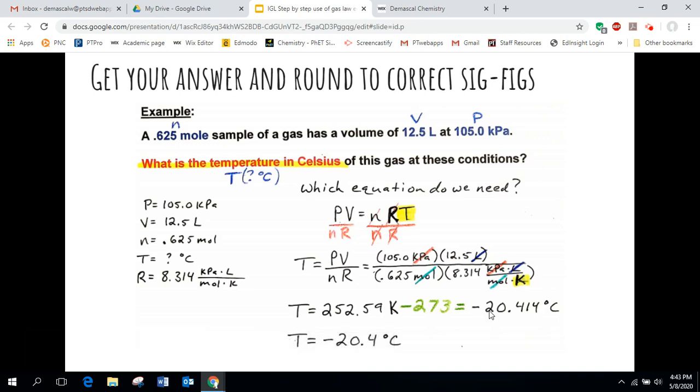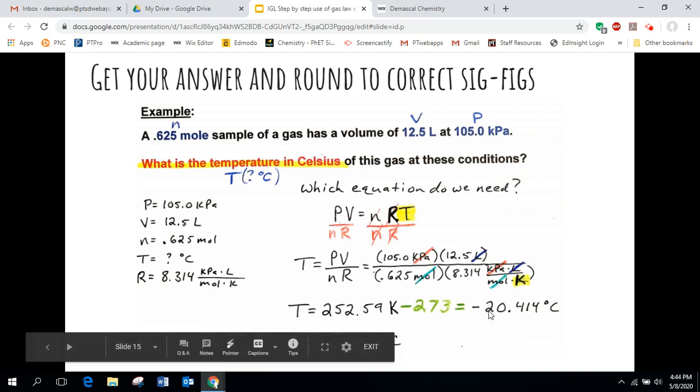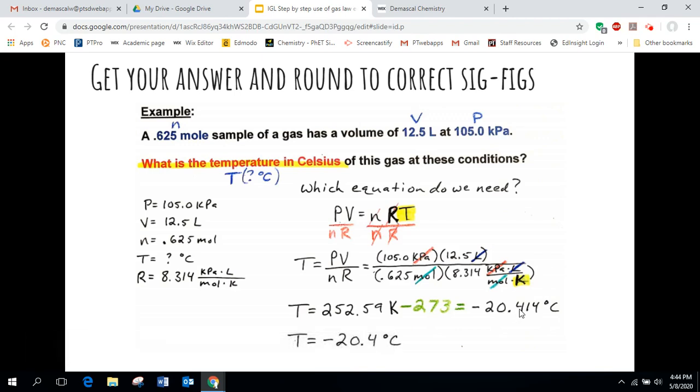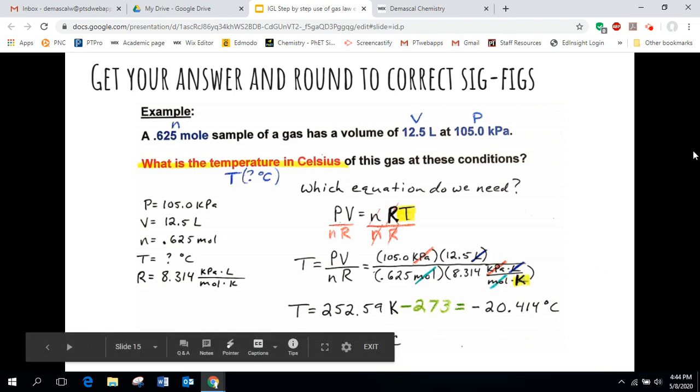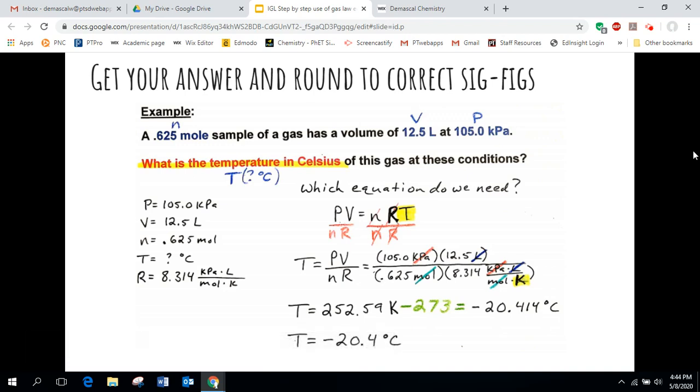That's our first significant digit. Every digit after that is significant until we run out of numbers to keep. This number is significant, and so is this one. So we're going to use the 1 in the 414 to round 20.414 to 20.4 degrees Celsius. Don't forget to keep the negative in there.